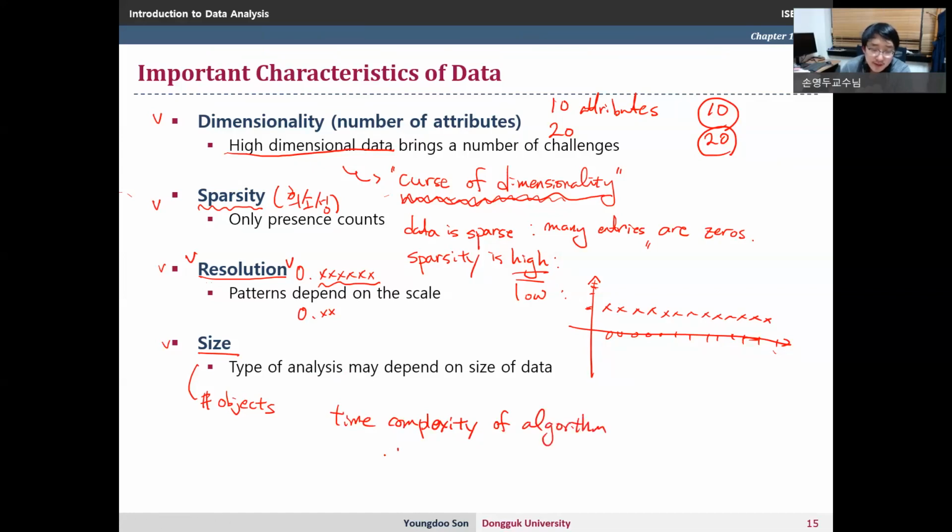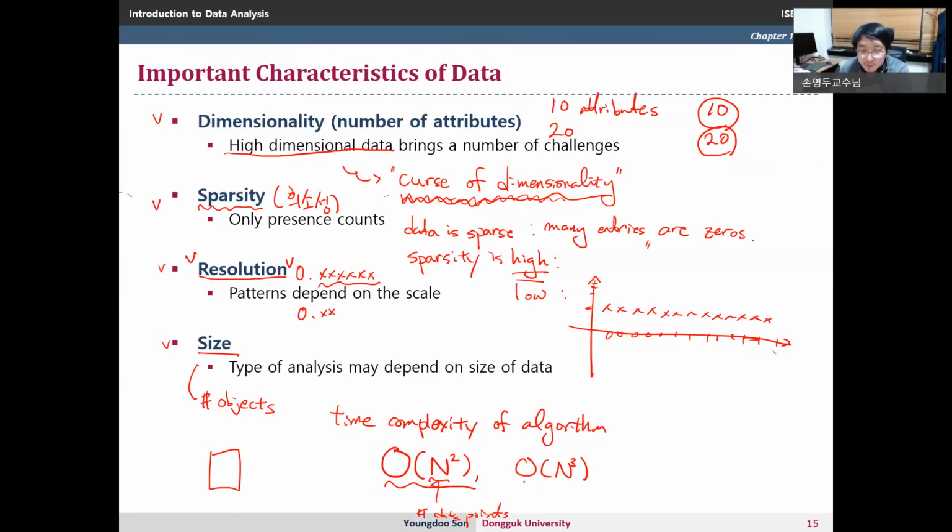We usually notate it with big O notation, for example, O of n squared, or O of n cubed. Roughly, if n is the number of data points, and the number of data becomes twice, then the time requirement for this method increases 4 times.